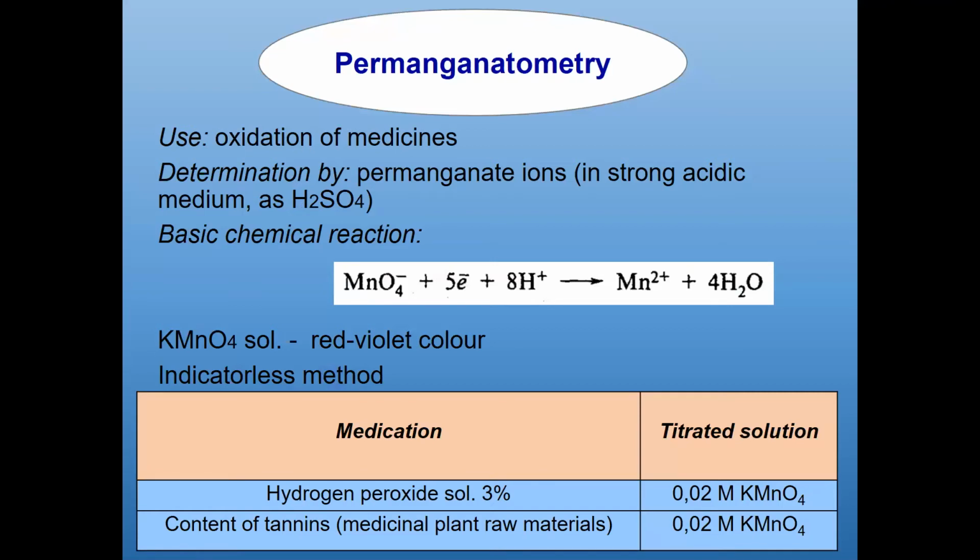Permanganatometry uses oxidation of medicines, determination by permanganate ions. You can see the basic chemical reaction. This titration method is used to quantify the following medications: hydrogen peroxide, content of tannins.